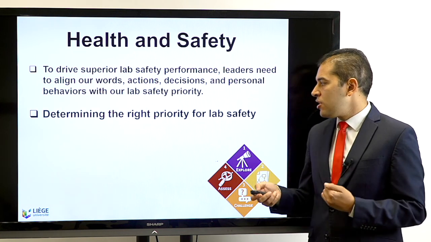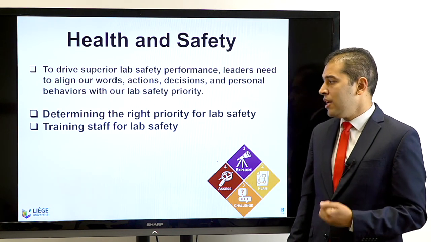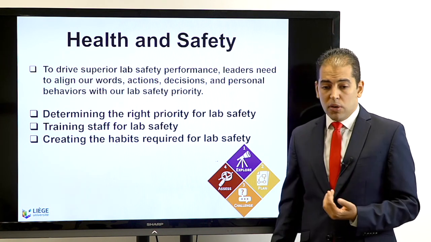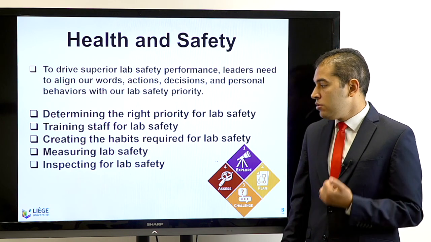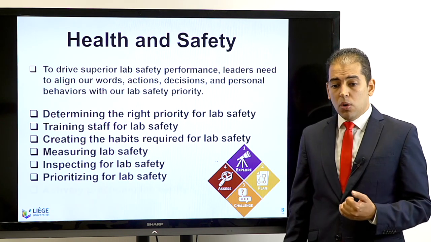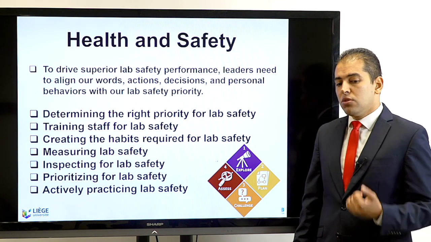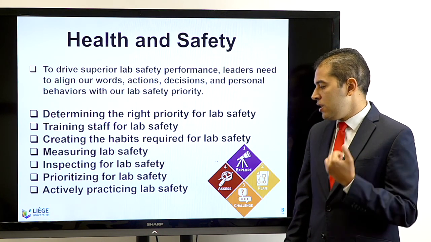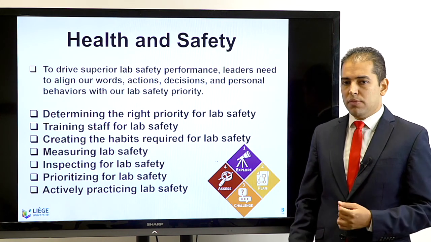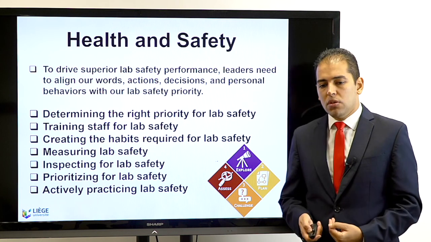You have to determine the right priority for your lab safety, train the staff, create the habits required for lab safety, measure it and do audits, inspect for lab safety, and prioritize lab safety all the time. This is all very important so that you are actively practicing lab safety in your lab. This is a very important part of your lab design and how you run your lab.